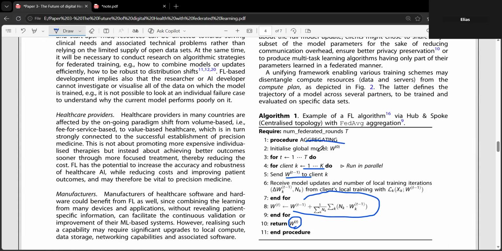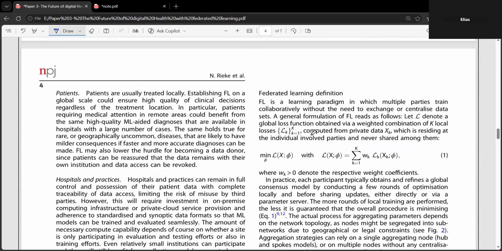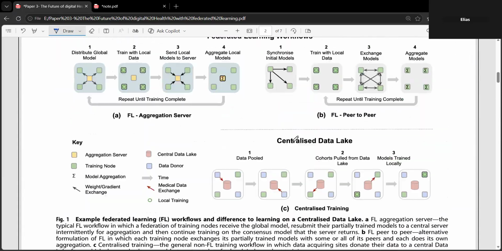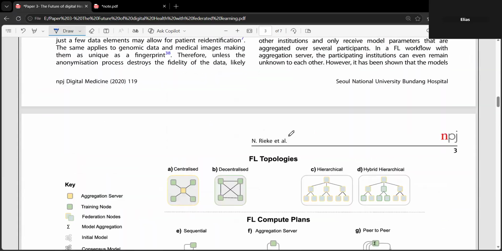This is actually an aggregation stage, because after each model updates, they send their weights to the central hub or aggregator server to do federated averaging. I think we have talked about everything. It's not a very complicated paper.